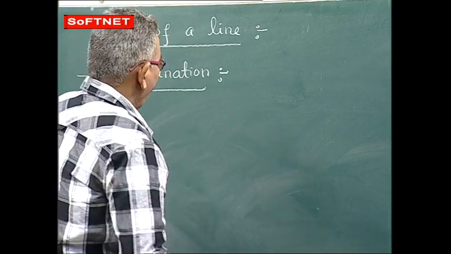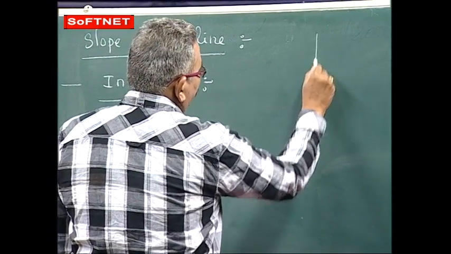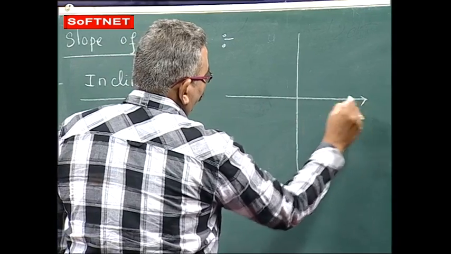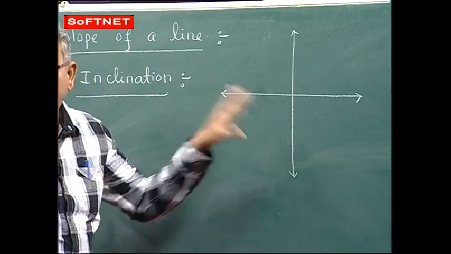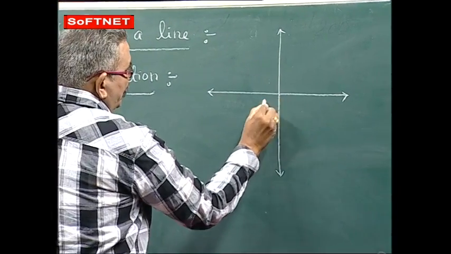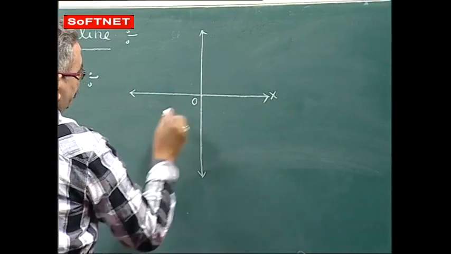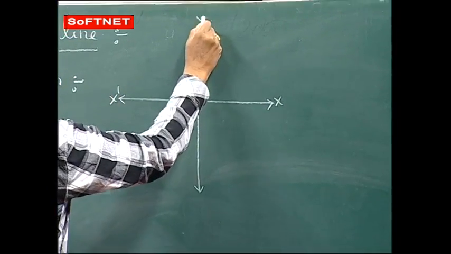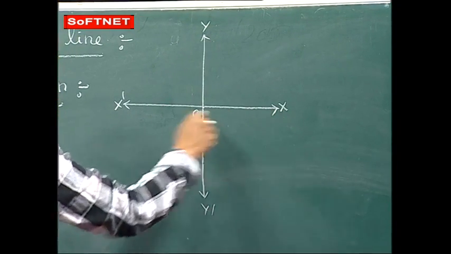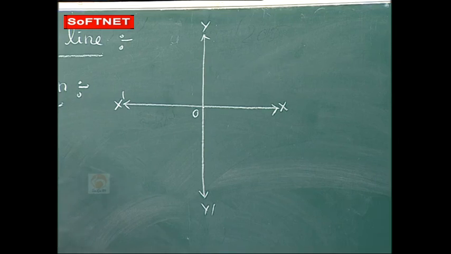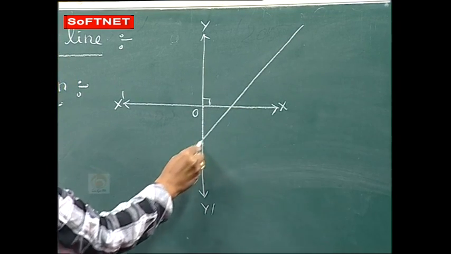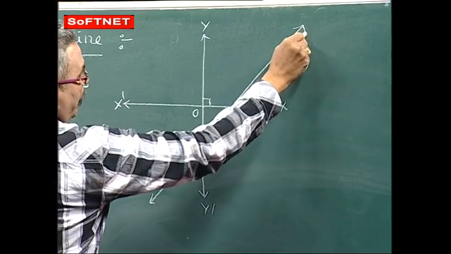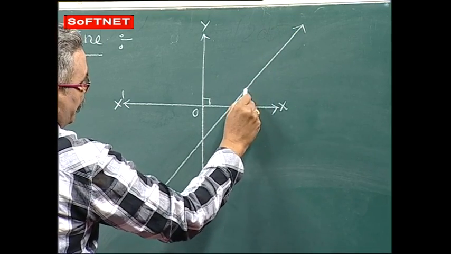Now you consider here, suppose a coordinate axis, or we can call it a coordinate plane. Suppose this is origin, x, x dash, y and y dash. This is x axis, this is y axis. So perpendicular they are. Suppose a line makes angle theta here.